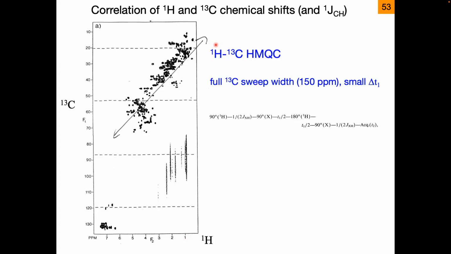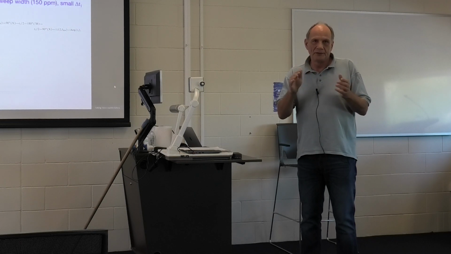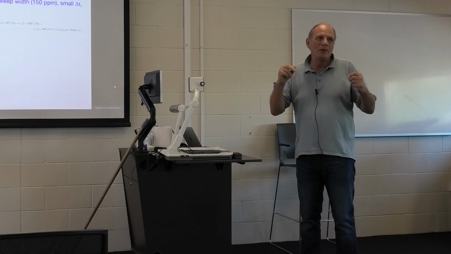And now there is also a correlation between the carbon shift and the proton shift that you don't see in the NH correlation, but in the carbon-proton correlation you see it. And this is because the shielding of the carbon and the proton is coming from the electron density, of course, in the CH bond, and this shielding is somehow more correlated than in the backbone NH or CO. And where does this come from?